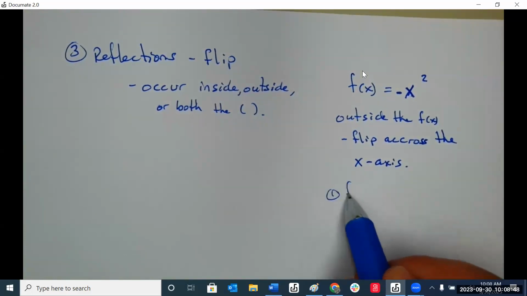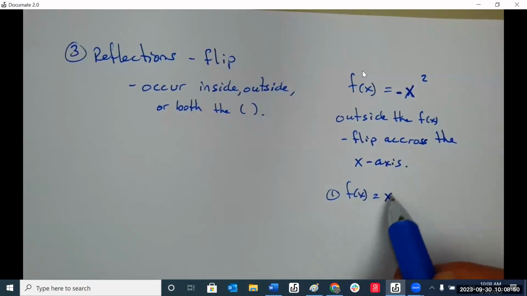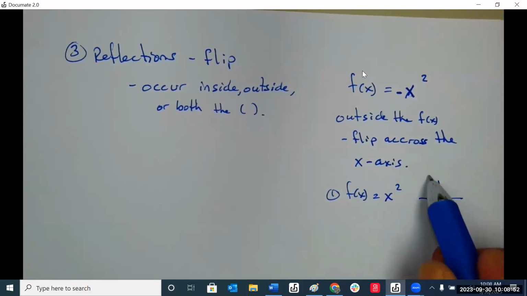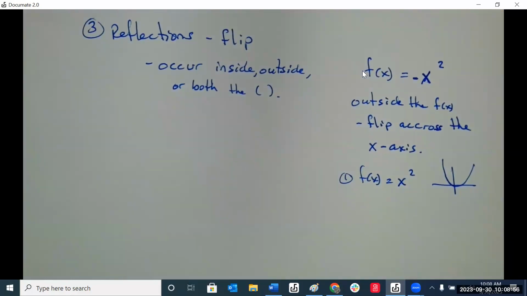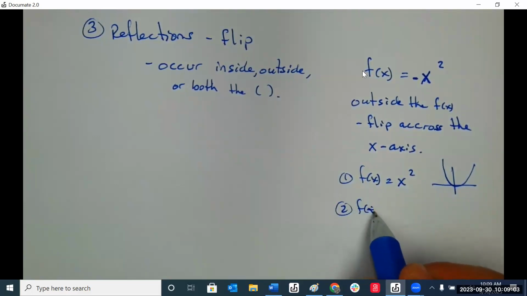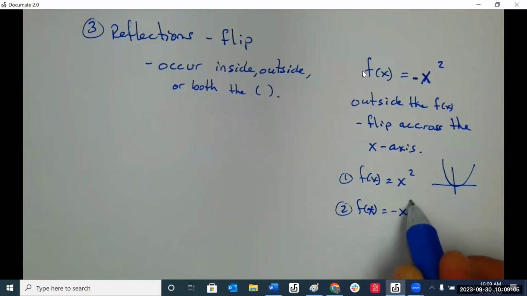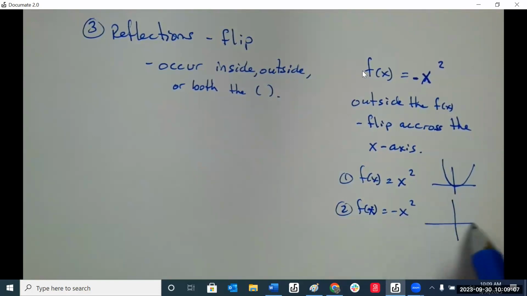So we know the function is x squared. The negative happened outside the function, so it says all my answers are negative, so it goes down.